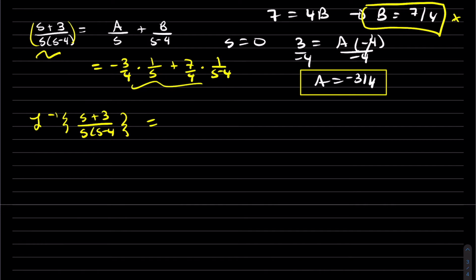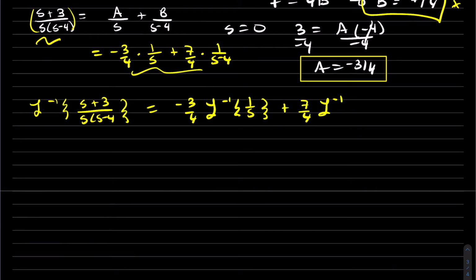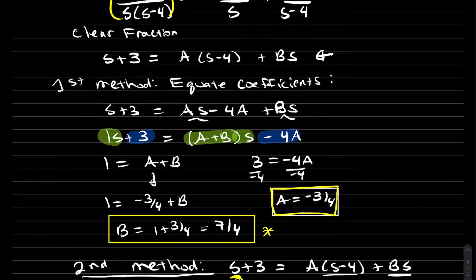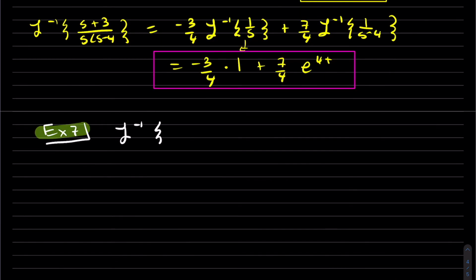So it's minus 3/4 Laplace inverse of 1 over s, that's just 1, remember? Plus 7/4 times the Laplace inverse of 1 over s minus 4, and that's e to the 4t.